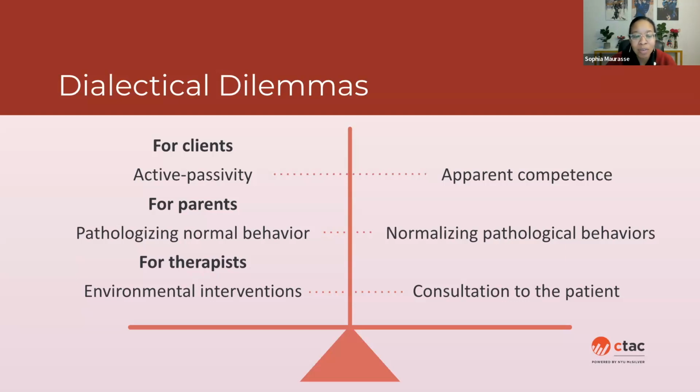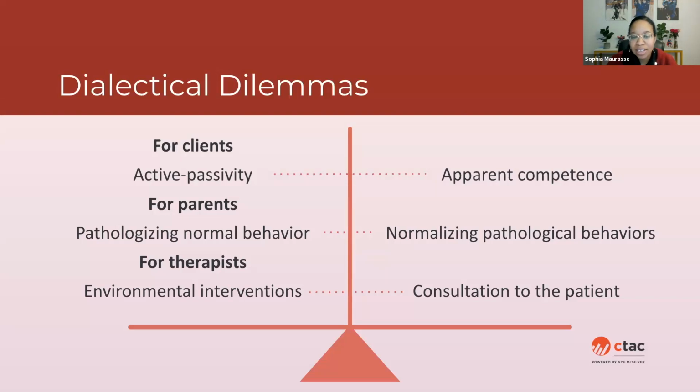They're taking a very passive stance that may compel us to step in and do something for them. The opposite stance for clients would be apparent competence, where they appear much more competent than they actually are.